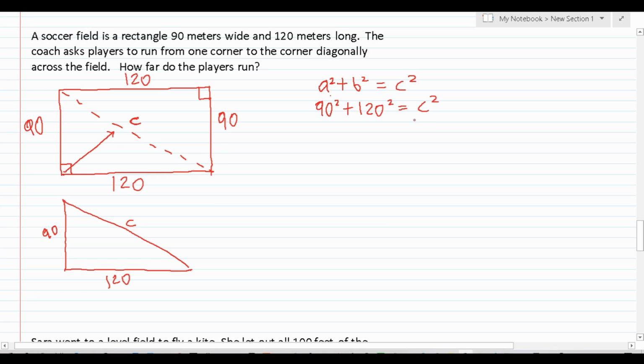In this case, you can tell we're dealing with some big numbers. Again, 90 squared would be the same as 90 times 90. That's a lot of work. And similarly, 120 squared would be the same as 120 times 120. In this case, we're going to use a math principle to make this one a lot easier.